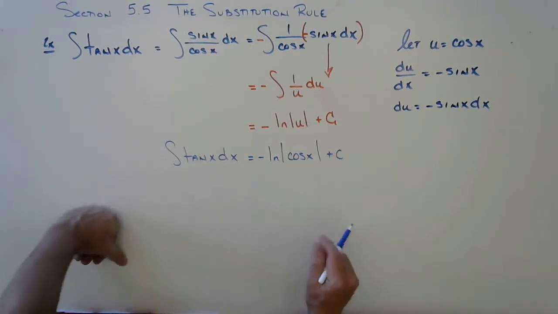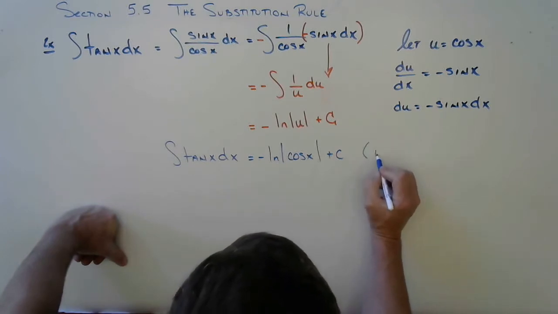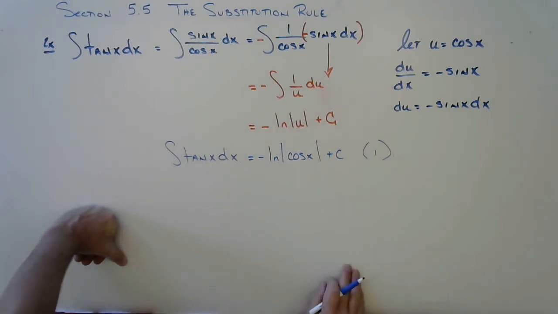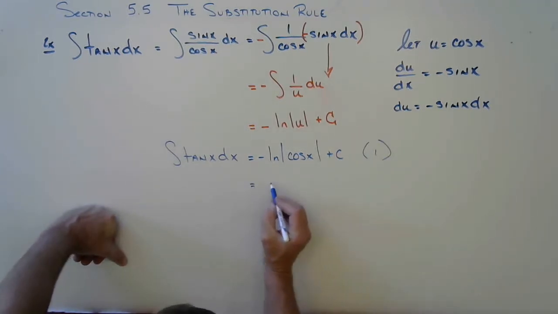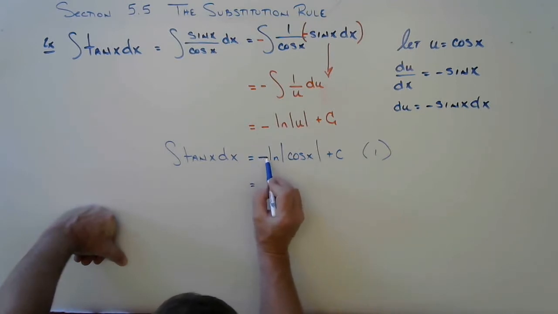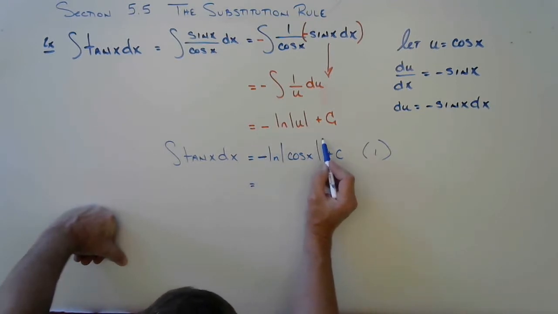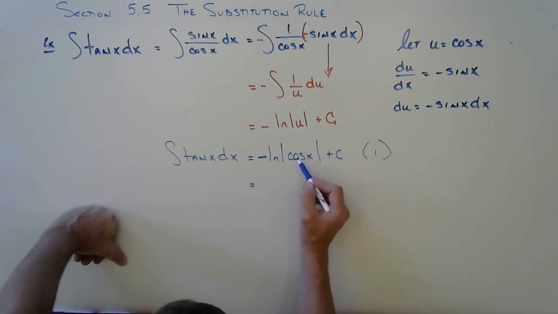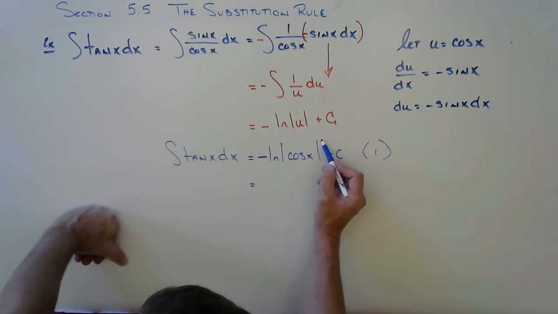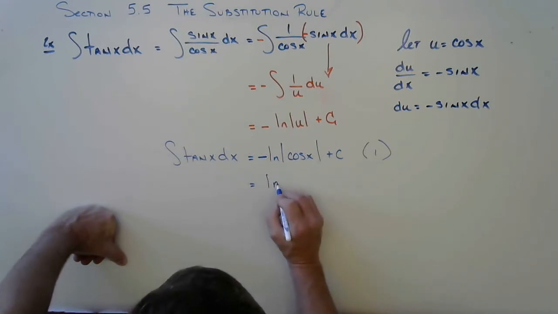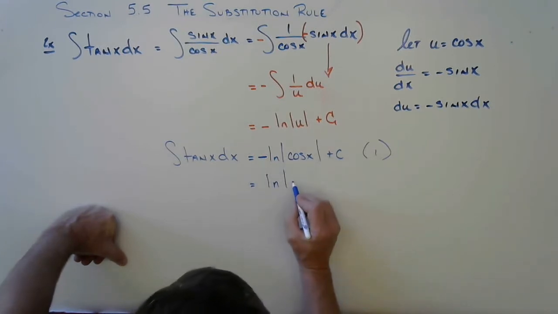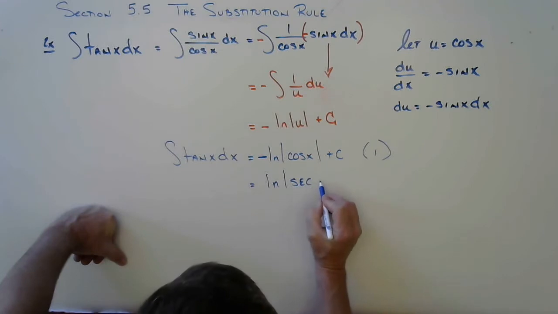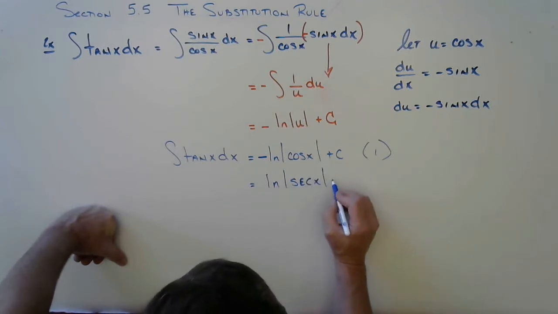Now, this is one way that we can express the antiderivative. Another way, of course, is we have log properties that say we can bring this up here, and if we bring this up here, then that ends up being cosine to the negative 1. Cosine to the negative 1, of course, is 1 over cosine. 1 over cosine turns out to be secant.